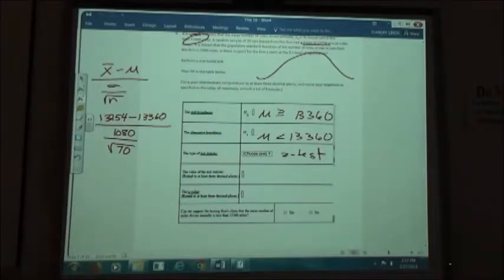It equals, get that top number, enter. Then you're going to divide that by 1,080 divided by the square root of 70.